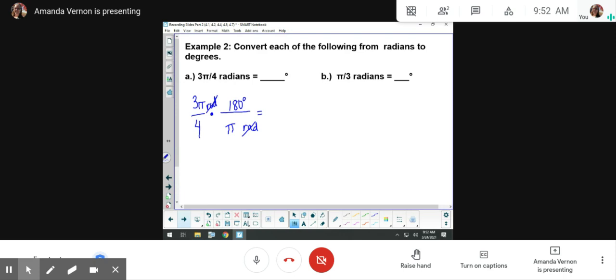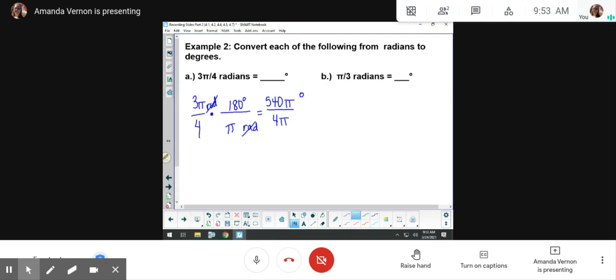And then I'm going to just do this math. Now, when I do this math, I have 3 times 180, which is 540. And I still have that pi symbol attached. And on the bottom, I have 4 times pi, which is 4 pi. Now, the label that will carry through is degrees. Now, be careful.